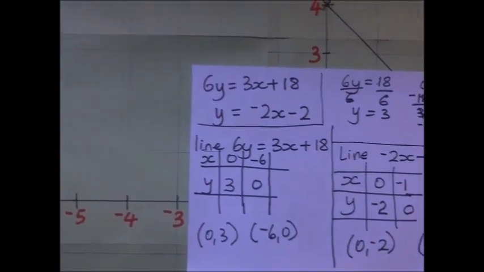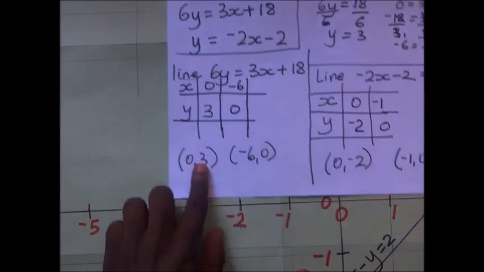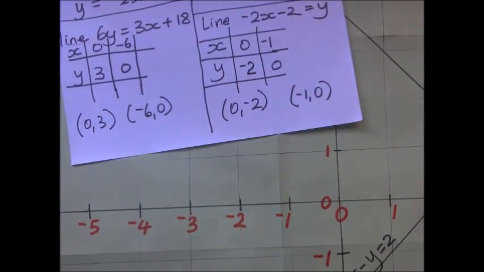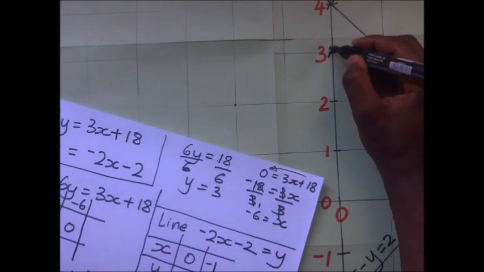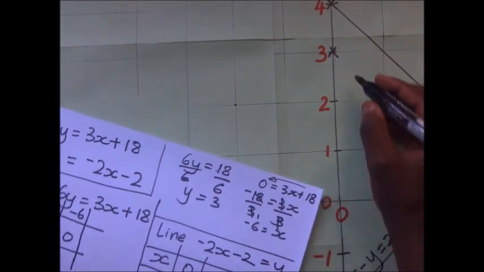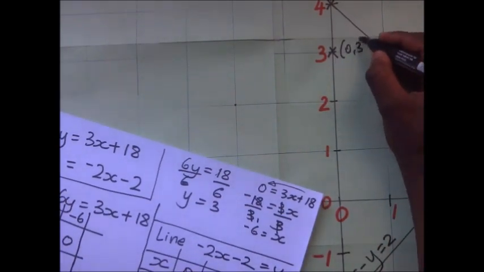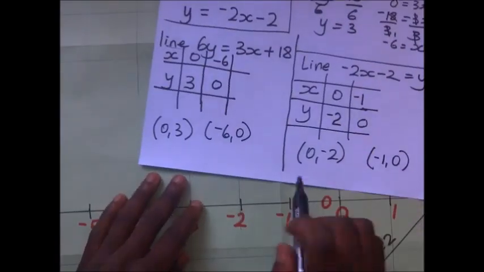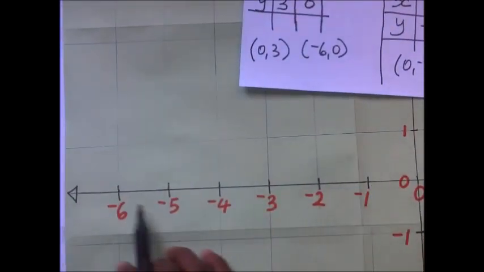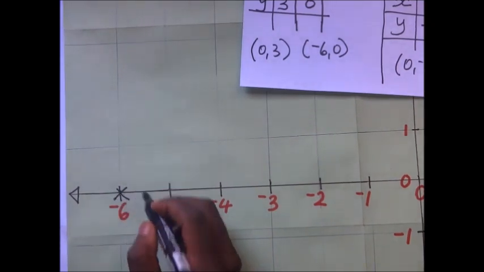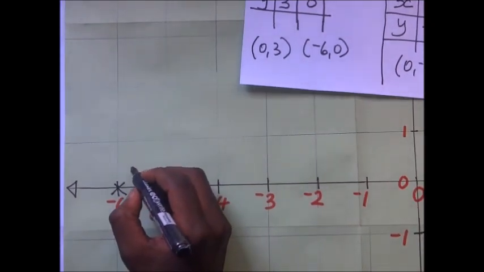So on our grid, we have (0, 3). So (0, 3) is right there. Then we have (negative 6, 0). Our (negative 6, 0) is right here.